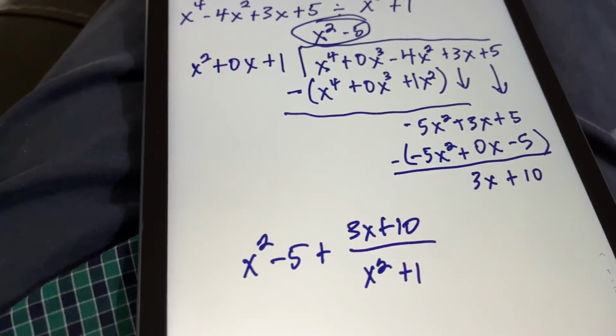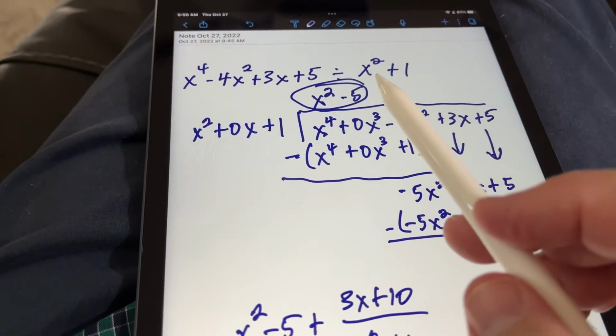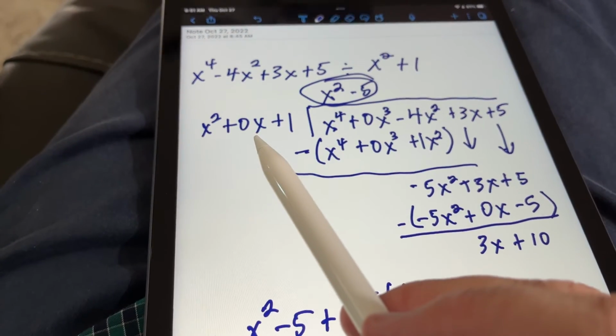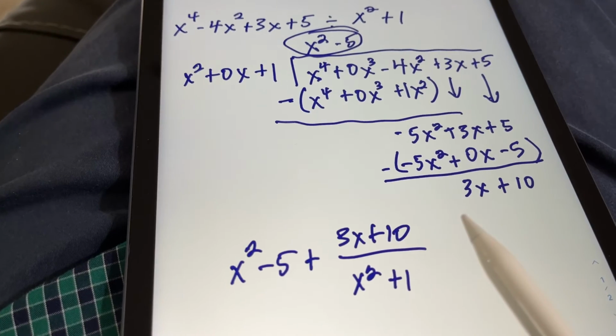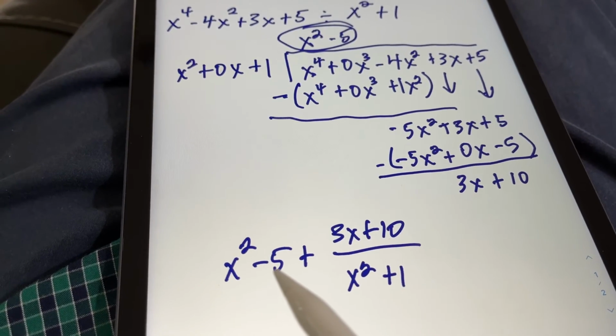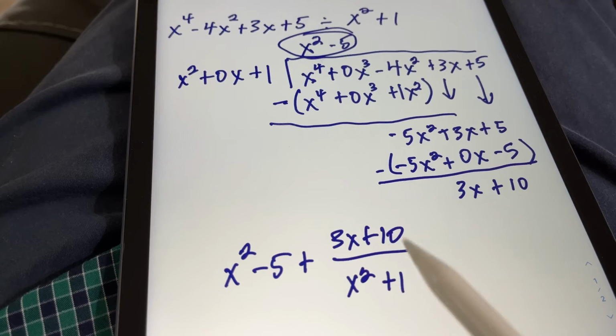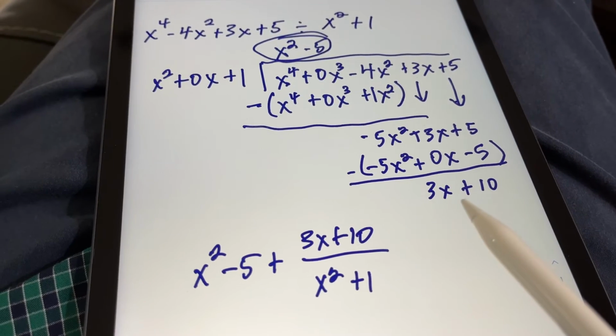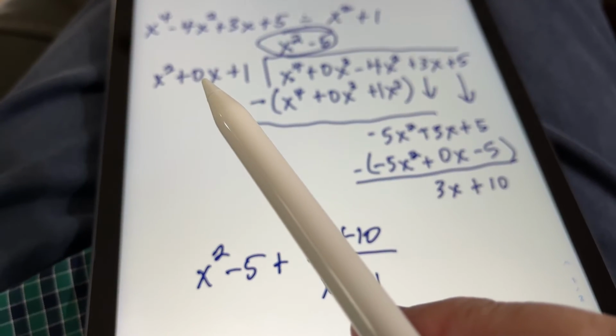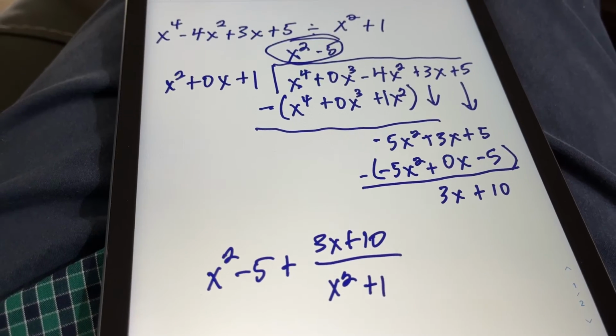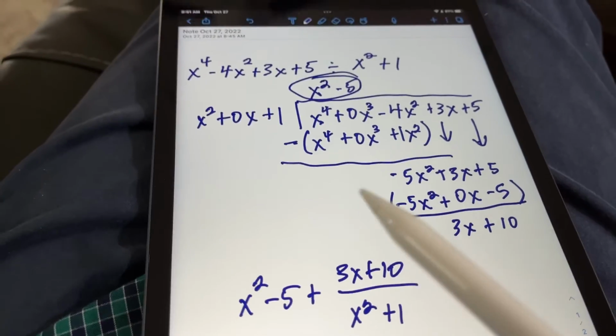And the original divisor was x squared plus 1 from up there. I could write this whole thing with a placeholder, but it's not necessary. So my answer is this. So this is the quotient, and this is how I write the remainder as a fraction using this over that. So 3x plus 10 over x squared plus 1.